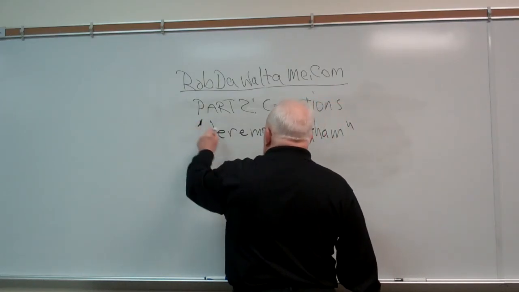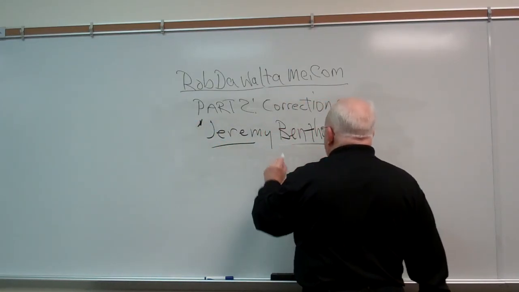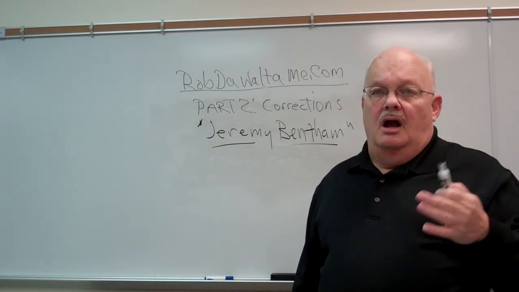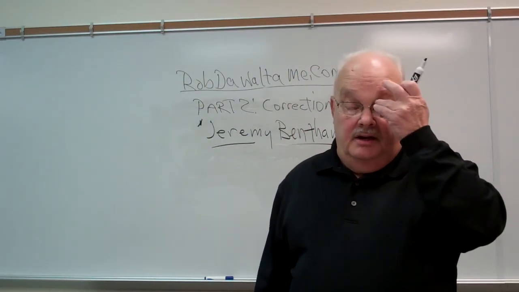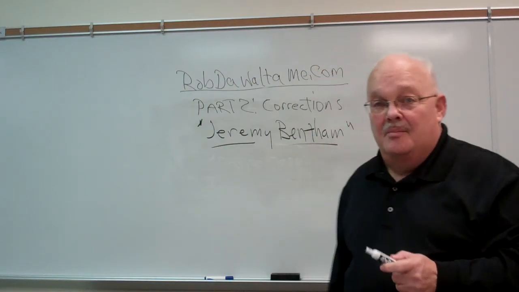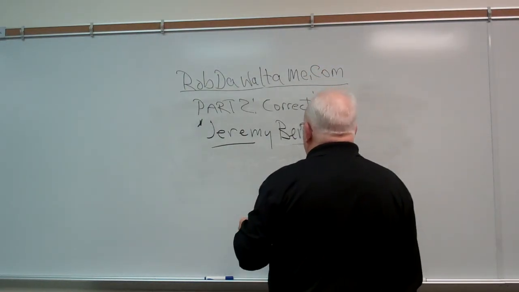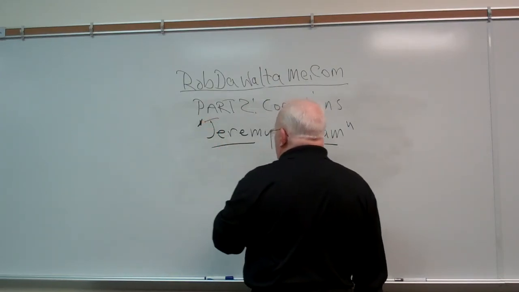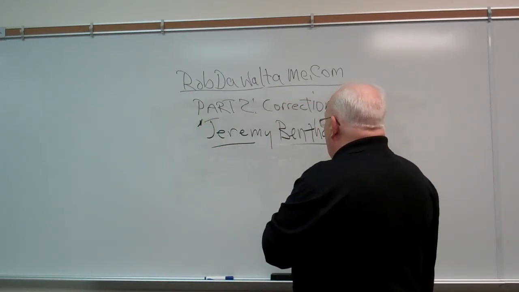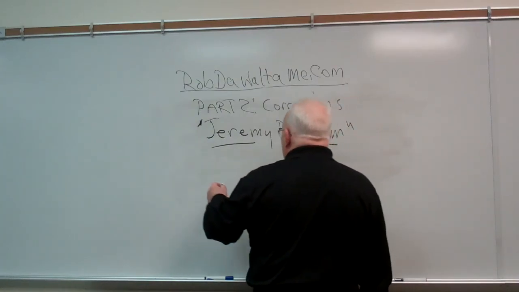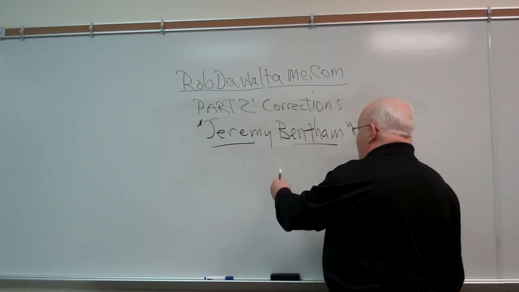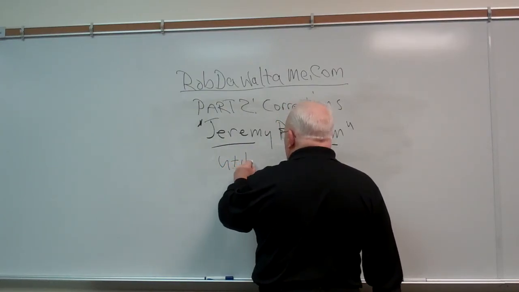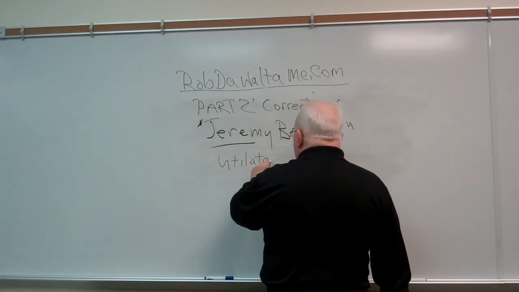He kind of picked up on Beccaria's ideas and carried them forward. Of course, he's from England. He is an amazing guy because he developed a lot of different things. He was one of these Renaissance thinkers, kind of like Thomas Jefferson, and Jefferson really liked a lot of his ideas. So he's into proportionality, but his big contribution is what we call utilitarianism.